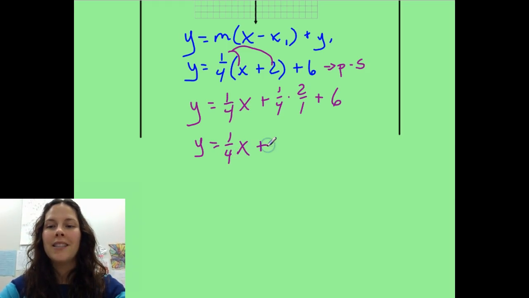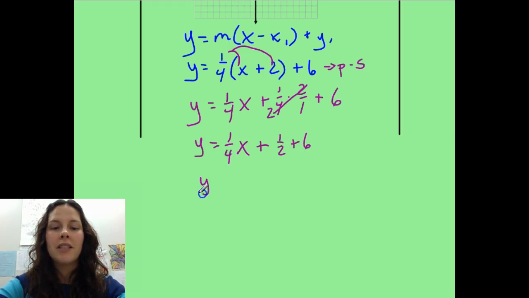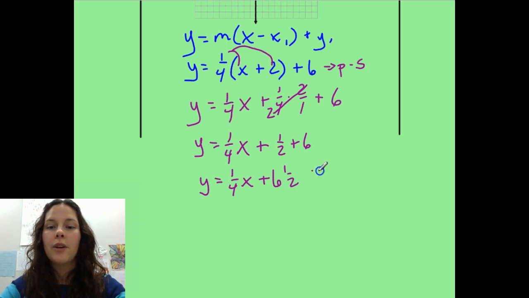Now when we divide this time, 2 goes into 4 twice, and our answer is left in the denominator. So we get 1/2 plus 6, and 6 plus 1/2 is 6.5. So we have y equals 1/4 x plus 6.5. So again, what we just did was rewrite this into the slope-intercept form of the equation.